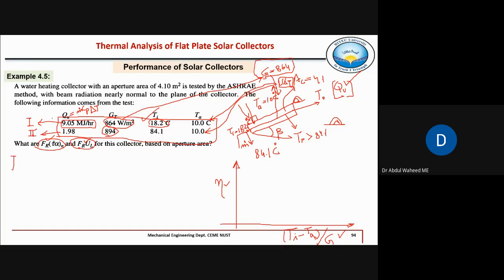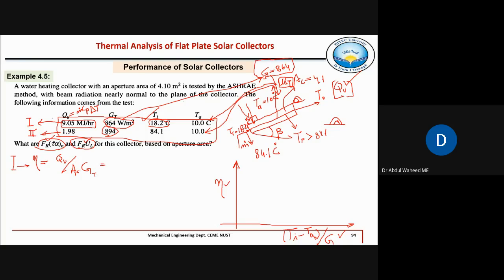For the first one, we can find out the efficiency. The thermal efficiency of a solar collector is given by heat gain divided by collector area times solar radiation on the tilted surface, GT.